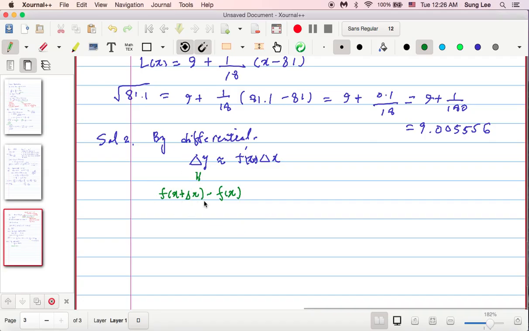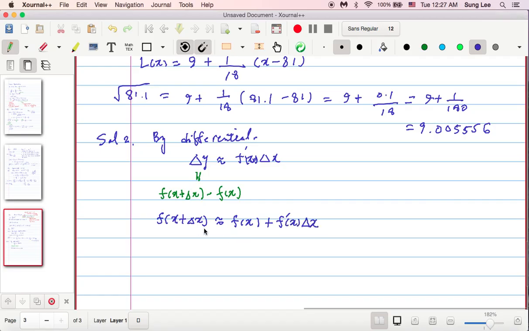So, if you solve it for f of x plus delta x, we are going to obtain that f of x plus delta x is approximated by f of x plus f prime of x delta x.